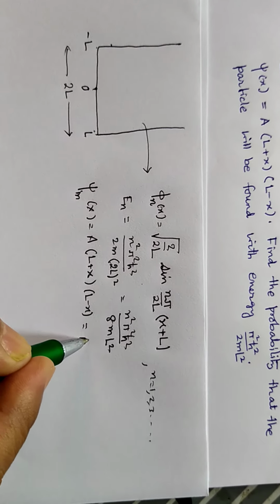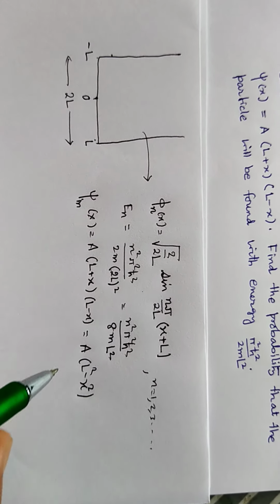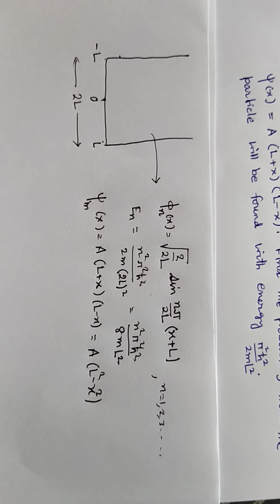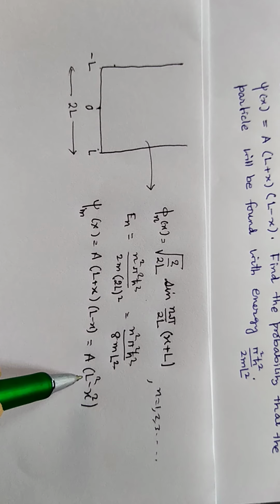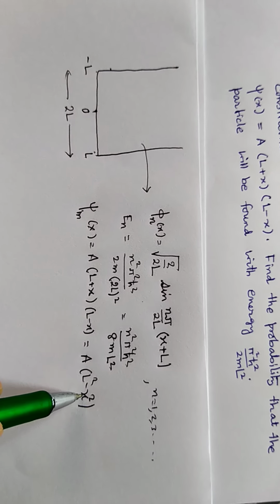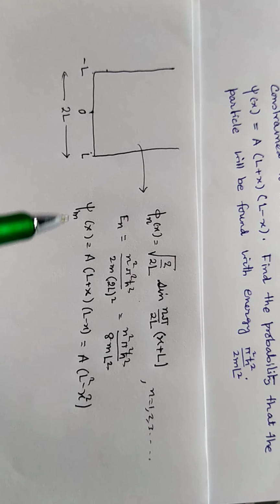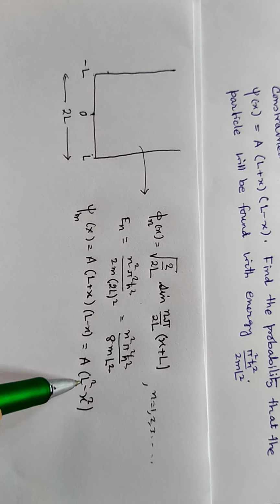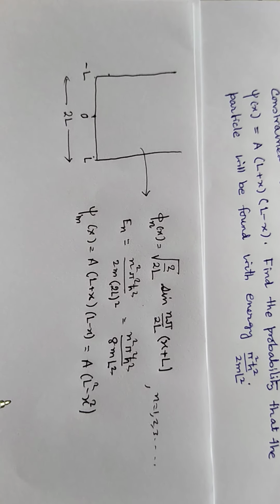That means it equals A into (L square minus x square), and this is a symmetric function, okay, because when x equals minus L, this is 0. When x equals L, this equals 0, and when x equals 0, then it is a maximum. Therefore this is a symmetric function, okay.